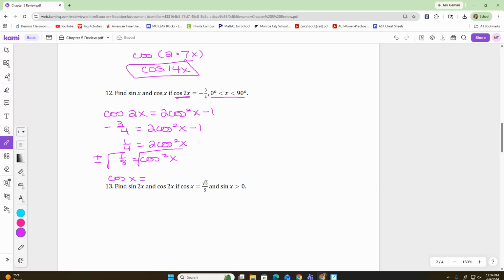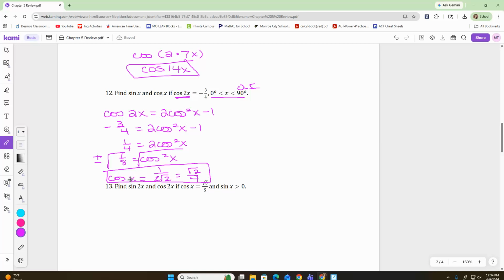If you're between 0 and 90, that tells me that's quadrant 1, and quadrant 1 is cosine positive or negative? Positive. So that's 1 over 8 breaks into 2 radical 2. If you get the radical off the bottom, that's radical 2 over 4. Does everyone understand how we got that?